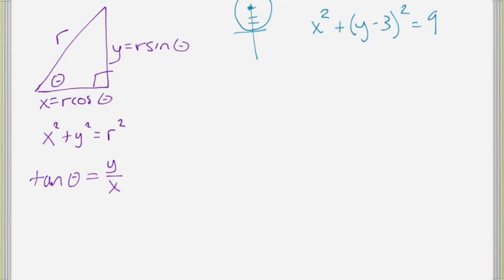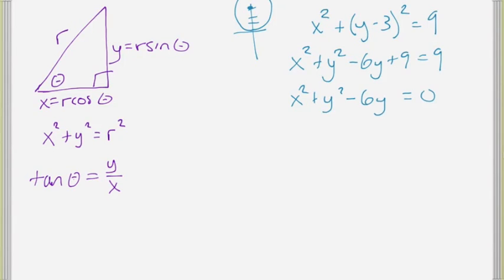To turn this thing into r's and thetas, what we're going to do is start by doing the algebra on it and squaring out that parentheses. Then I can just get rid of those 9, subtract 9 from both sides, and they nicely cancel each other.